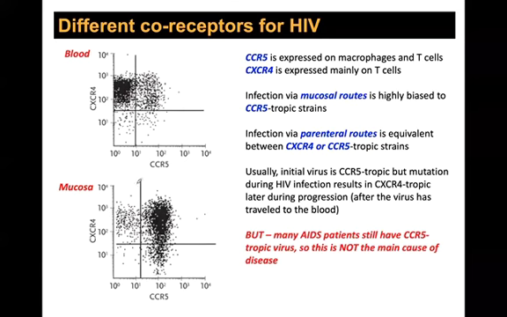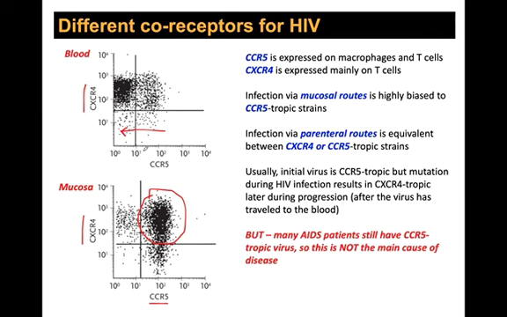And you can see that in the mucosa, most of the cells are going to be positive for CCR5 as well as CXCR4. But once the virus gets in, all of the T cells that are floating around are mainly CXCR4. And so you can see that if the virus is going to survive, it has to change to that receptor.